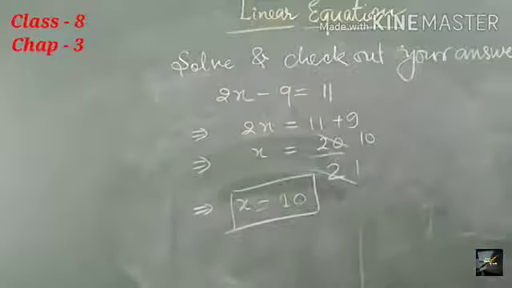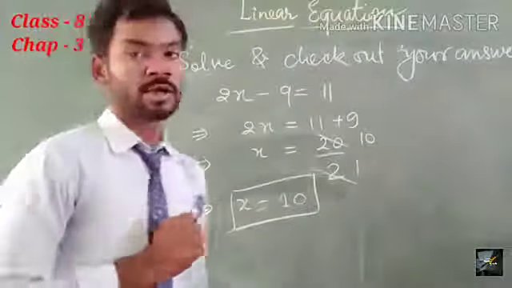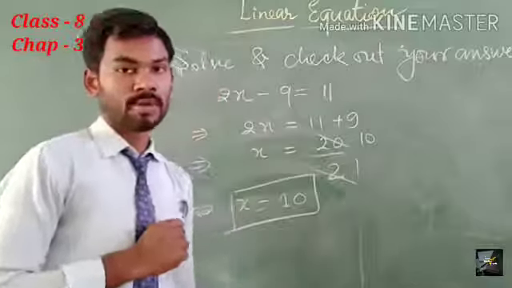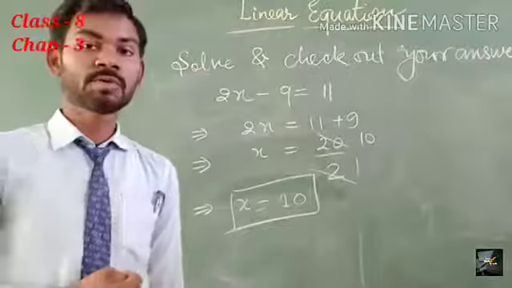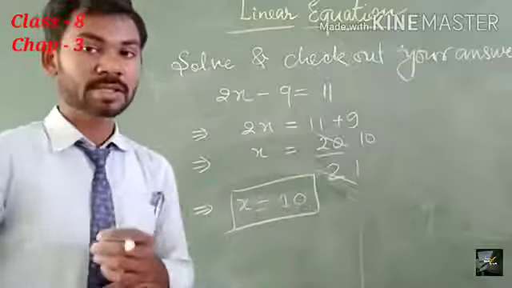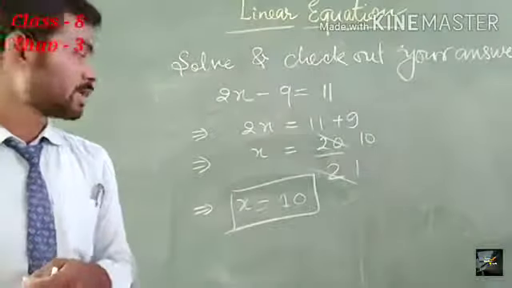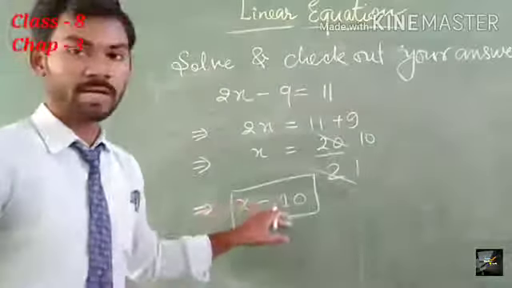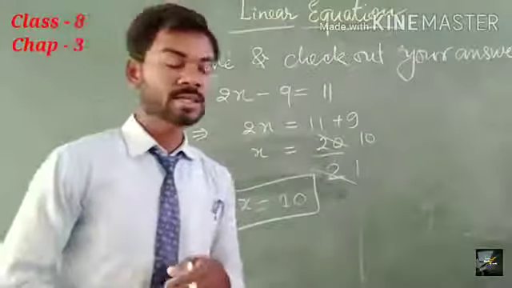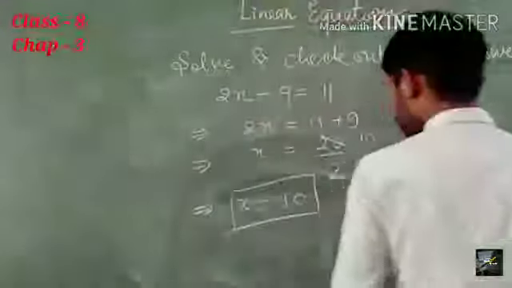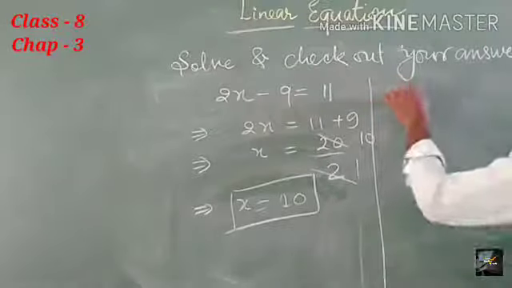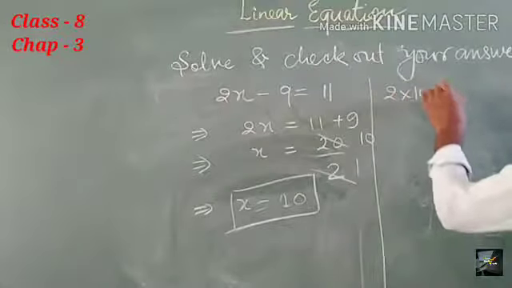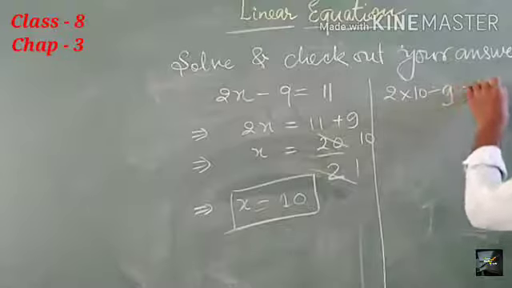But the question is not completed here, as the question says to check your answer also. Therefore, we have to check the answer by substituting the value of x that we got, x is equal to 10, in our original question. So here we write 2 multiplied by 10 minus 9 equal to 11.